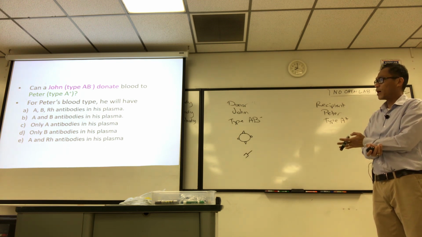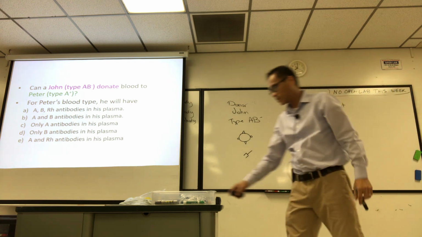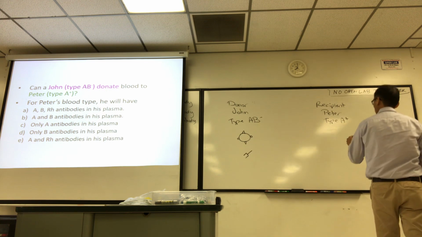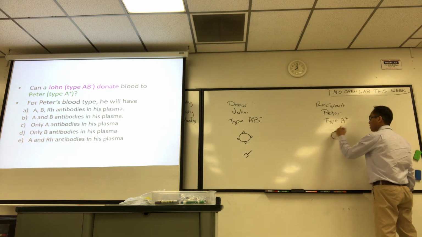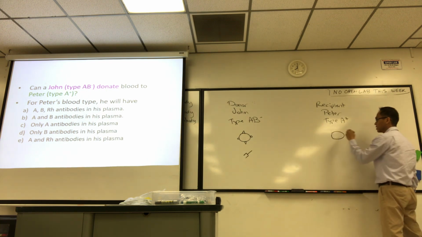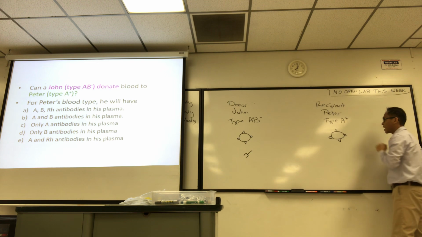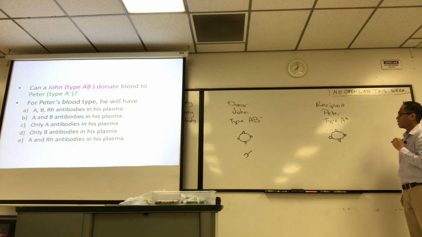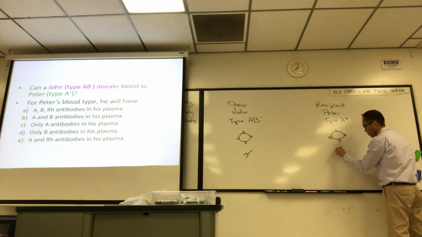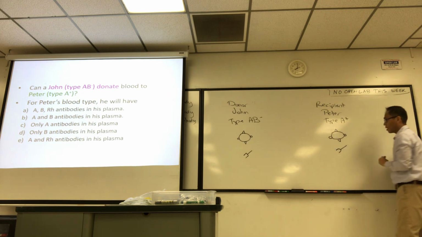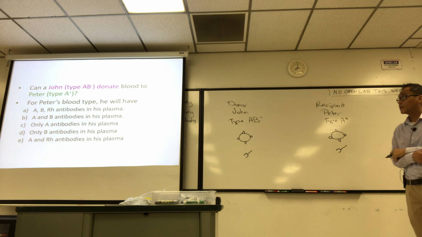So for Peter's blood type, the antibodies in his plasma, let's just do the whole thing. For Peter, he's A positive, so that means present in his RBCs, he's going to have the A's, triangles, and the squares, boom. For his antibodies, he's going to have the one against what? B. I want to draw the circle. Antibody there. Okay.